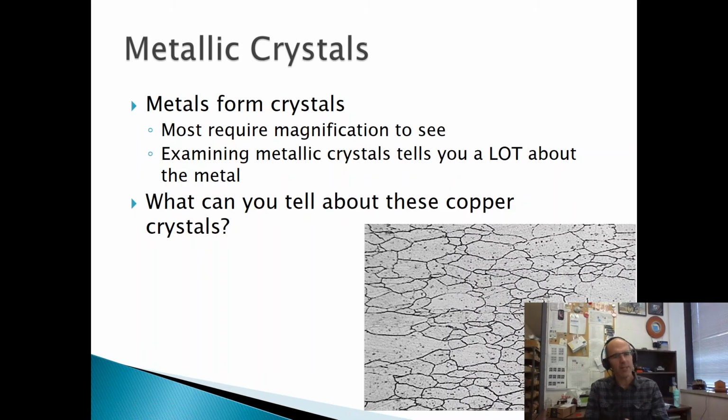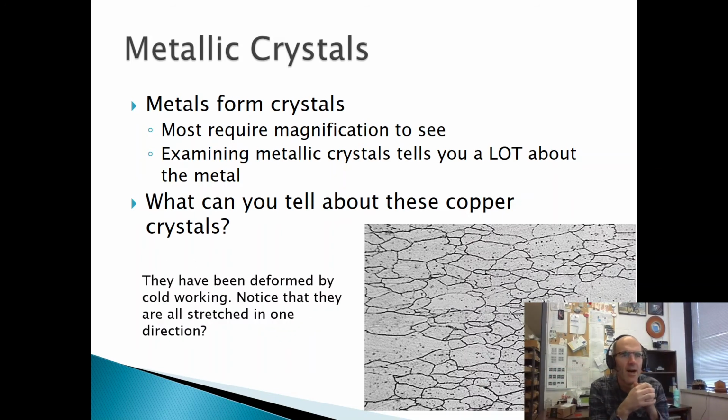But what I was really wondering on here is, did you notice that there tends to be elongation? These copper crystals didn't start out this way. You can see if you look in here, they tend to be longer than they are high.